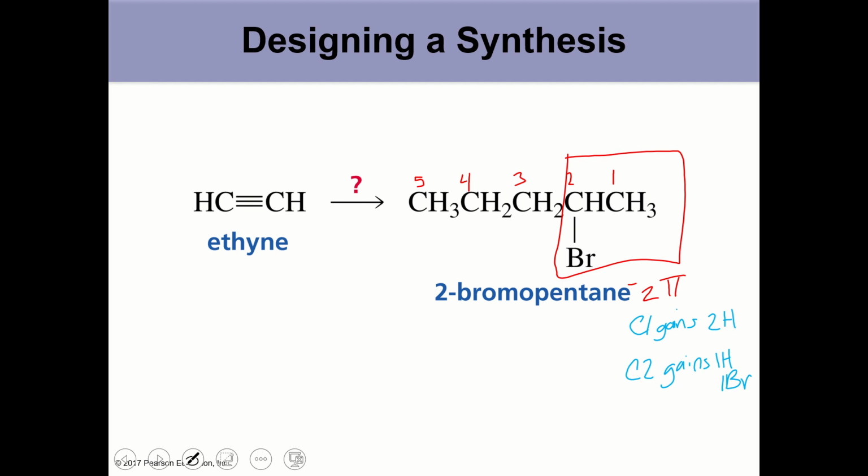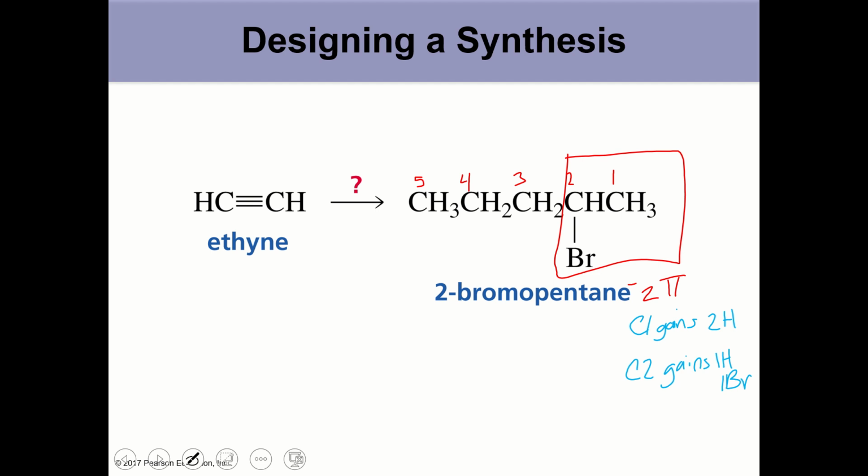So 1 pi bond is used to make 1 bond to hydrogen for each carbon, and the other pi bond is adding 1 hydrogen and 1 bromine.